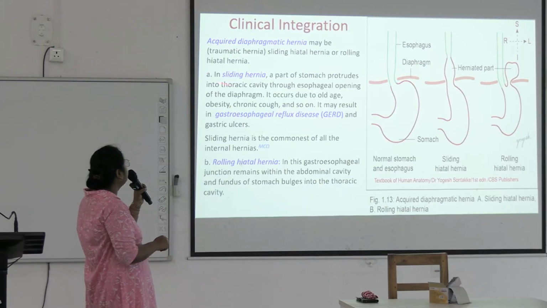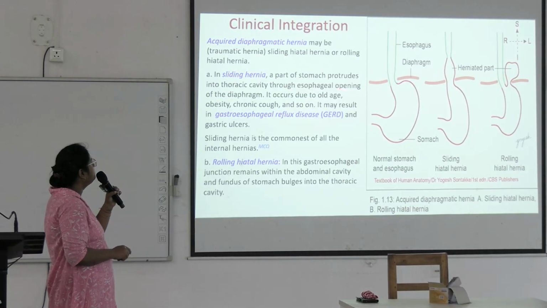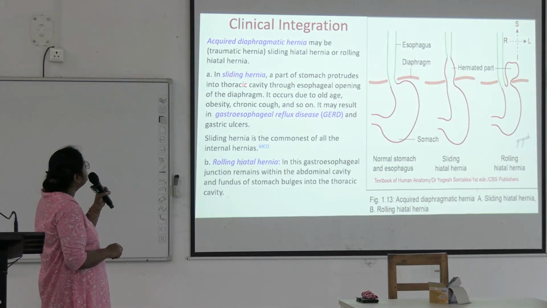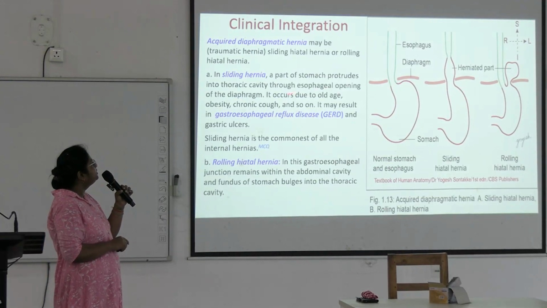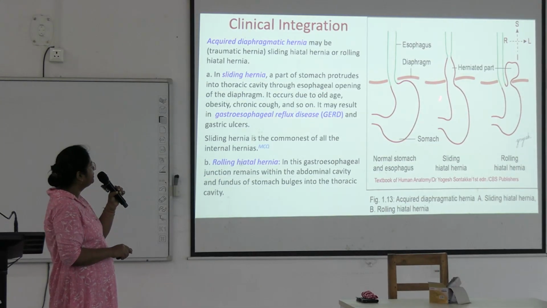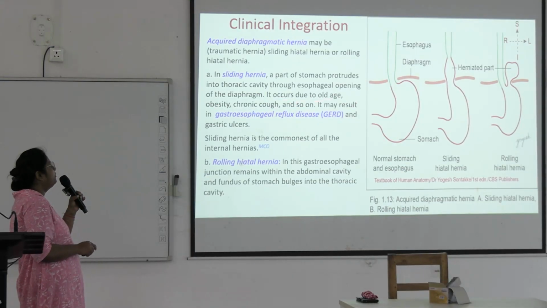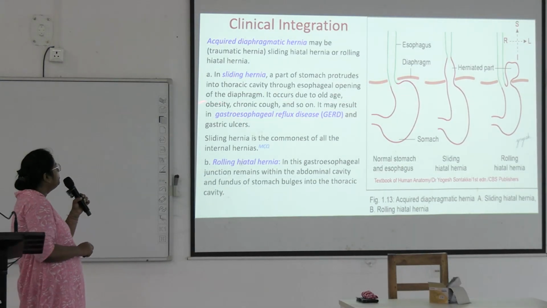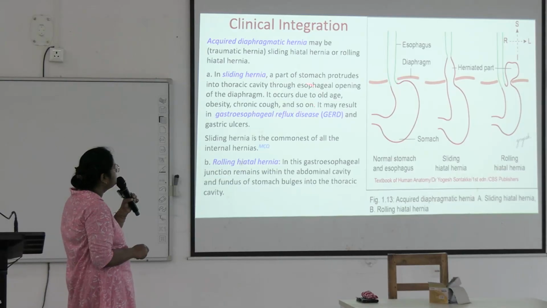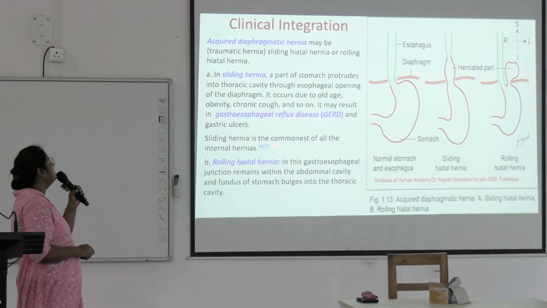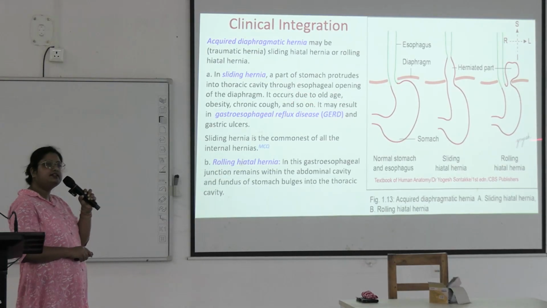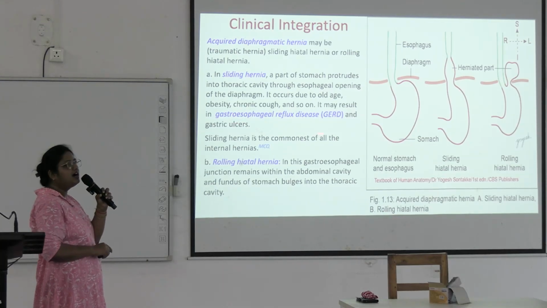In sliding hernia, a part of the stomach protrudes into the thoracic cavity through the esophageal opening of the diaphragm, and it occurs due to old age, obesity, chronic cough, and so on. It may result in gastroesophageal reflux disease and gastric ulcers.